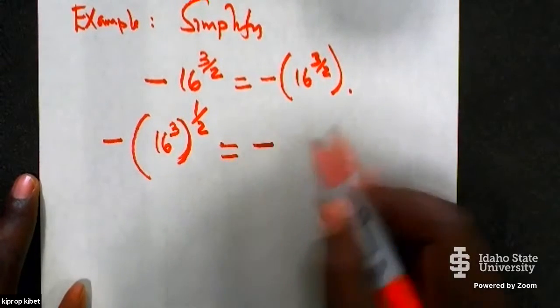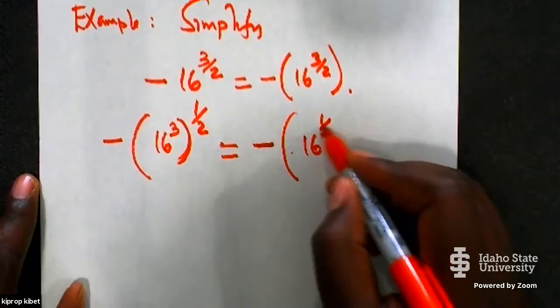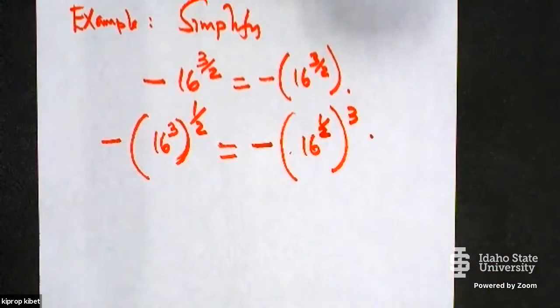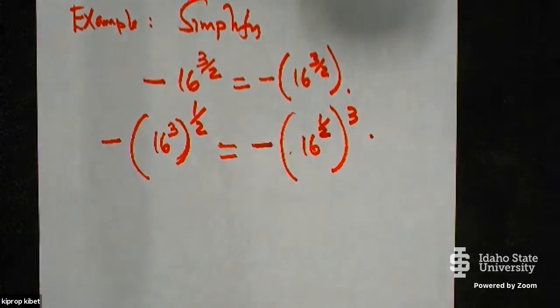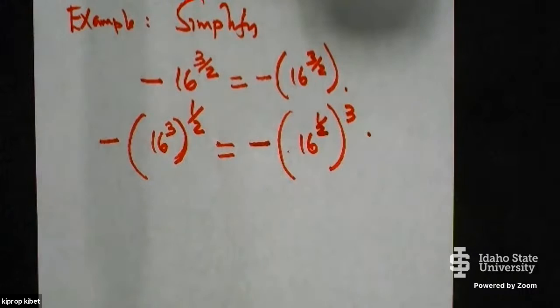So you start by solving like this, 16 raised to 1 over 2, cubed. So you start from the roots.